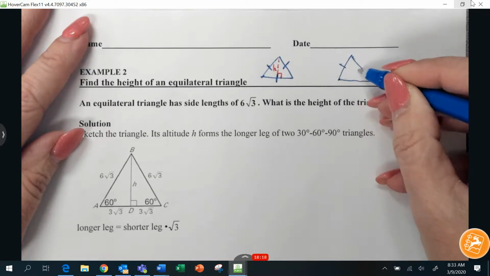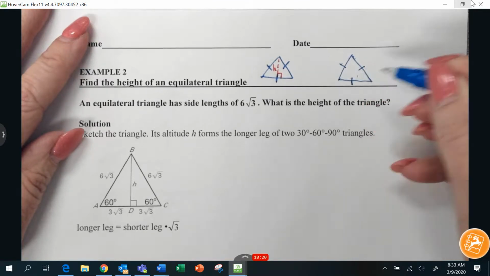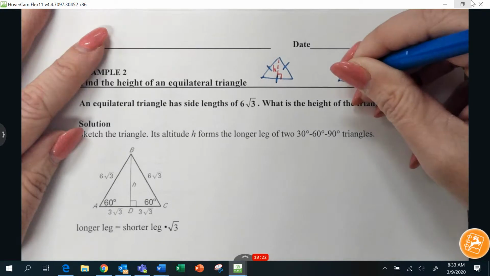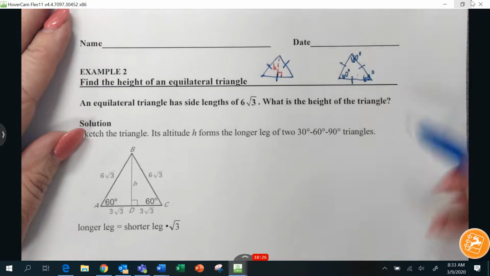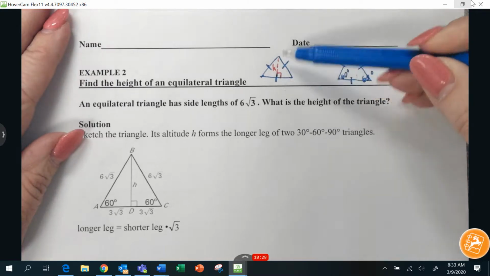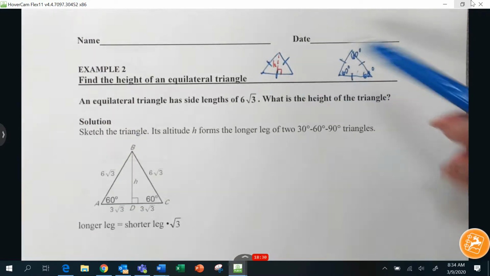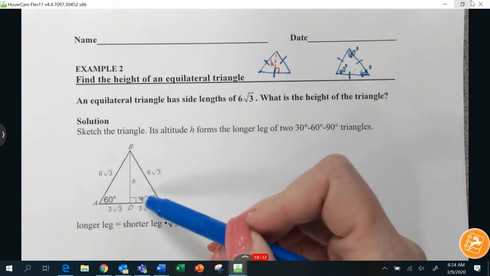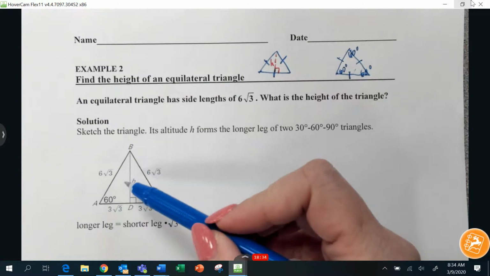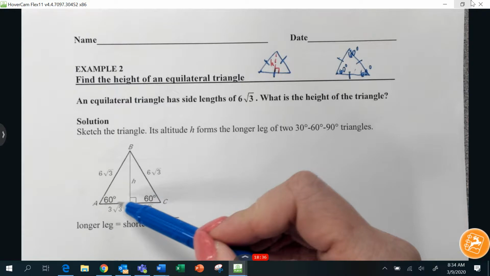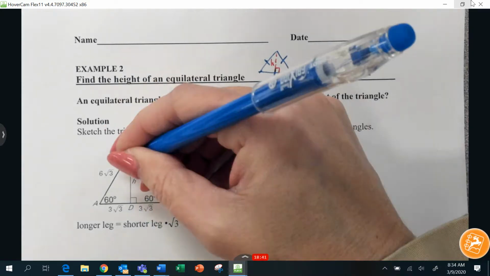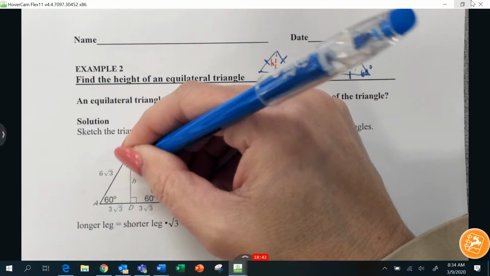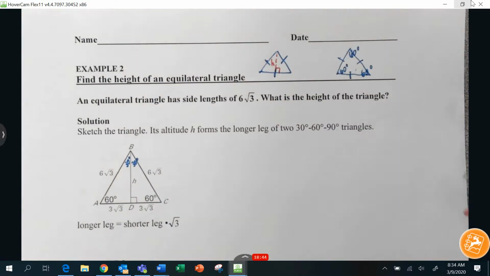They are equal. What are they? 60. They're all 60s. So when I draw that height and drop it down, it's like an isosceles triangle. Each corner is 60, and it's going to divide the top into 30s. And we're going to have a 30, 60, 90.